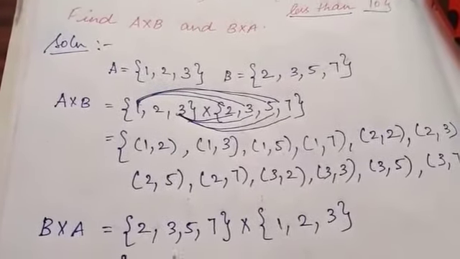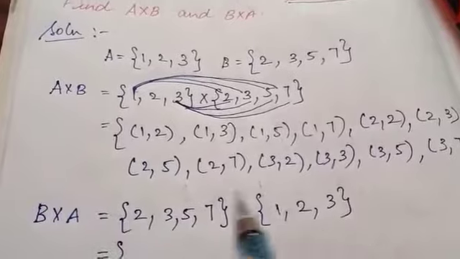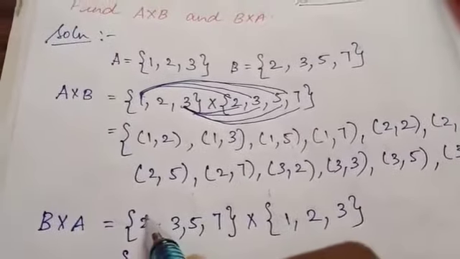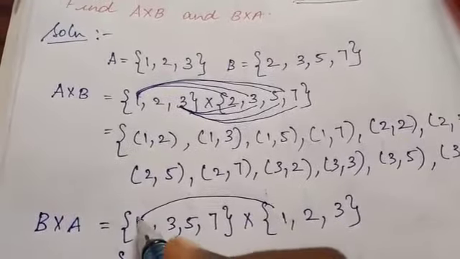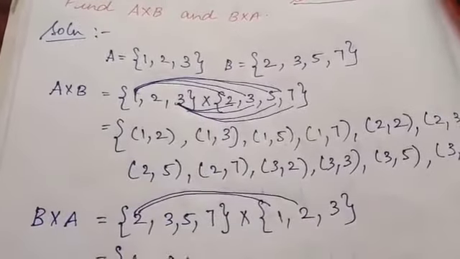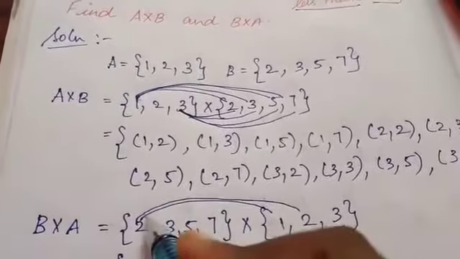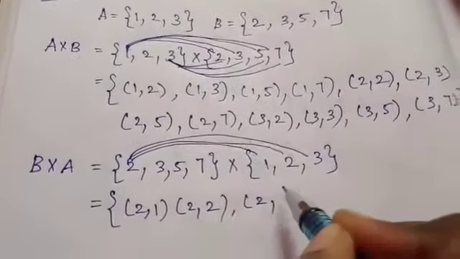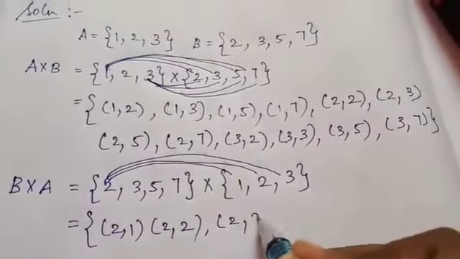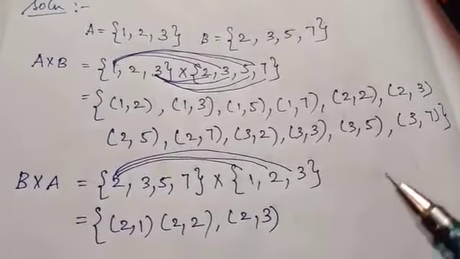Set of all. The first element here is 2, right? So (2, 1), (2, 2) and (2, 3).